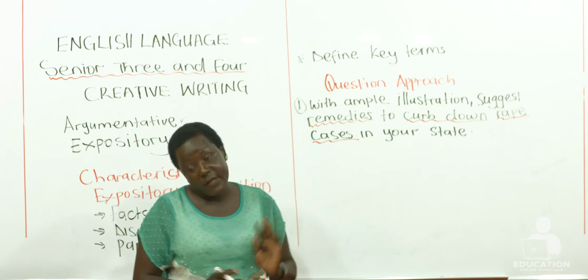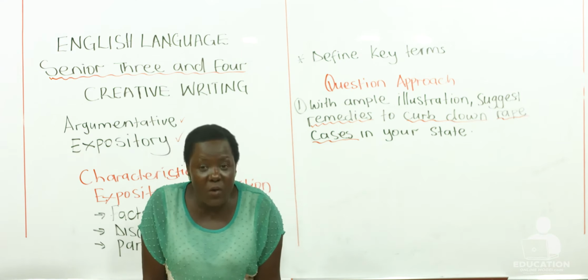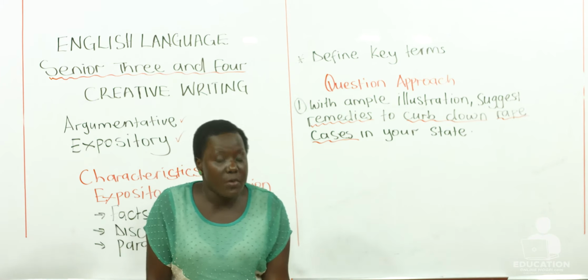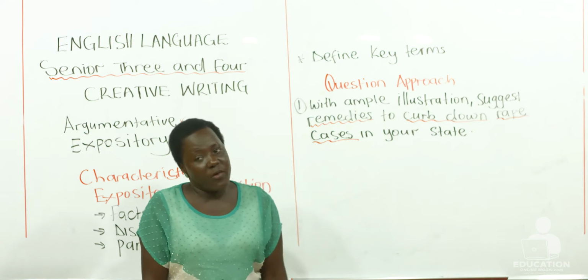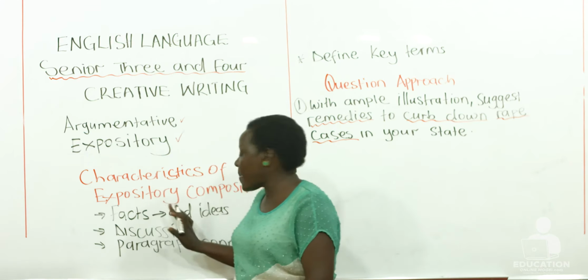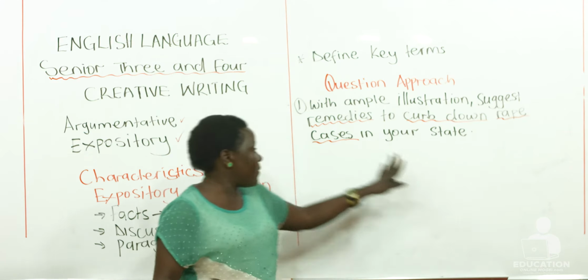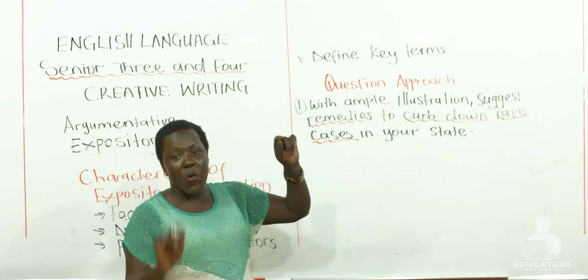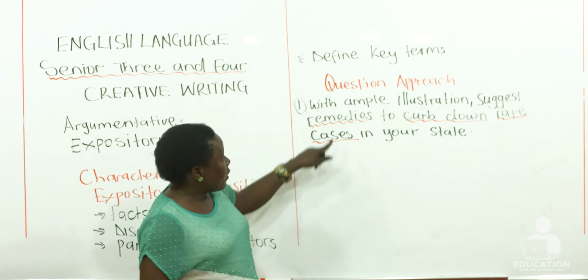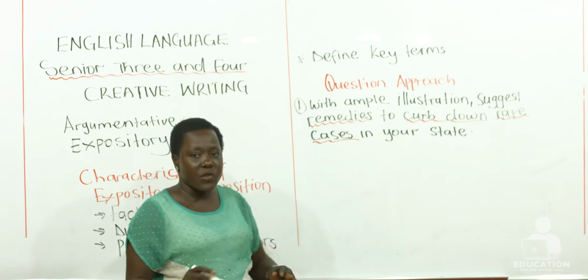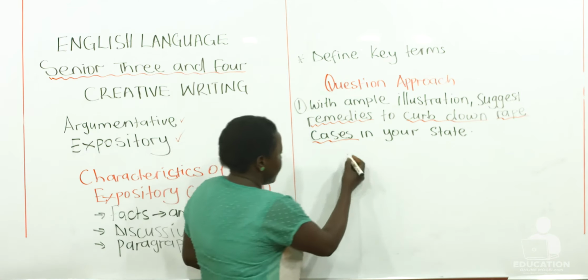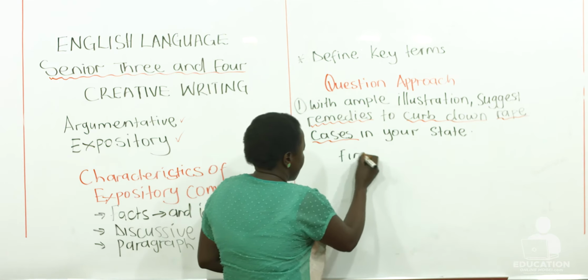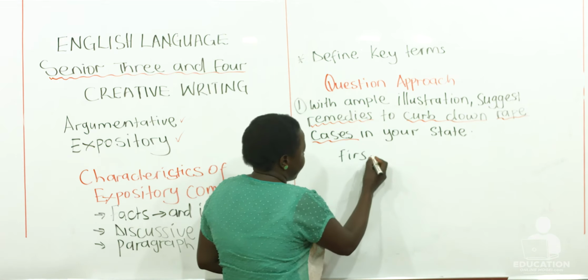After you have done that in the first paragraph, come down and begin to write all the points in paragraphs, but use paragraph connectors. For instance, if you have decided that one point is for government to put strict laws, then you will come and say, firstly, now you're opening up your paragraph.